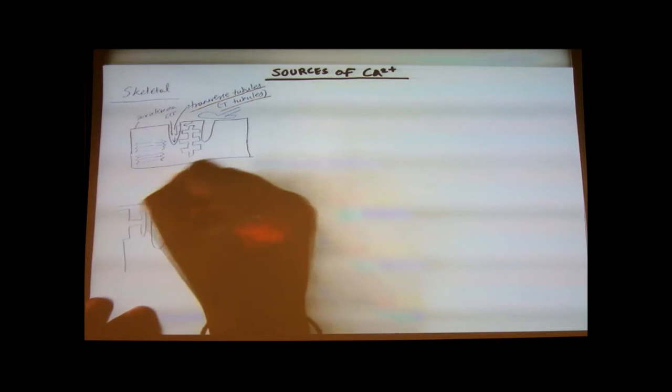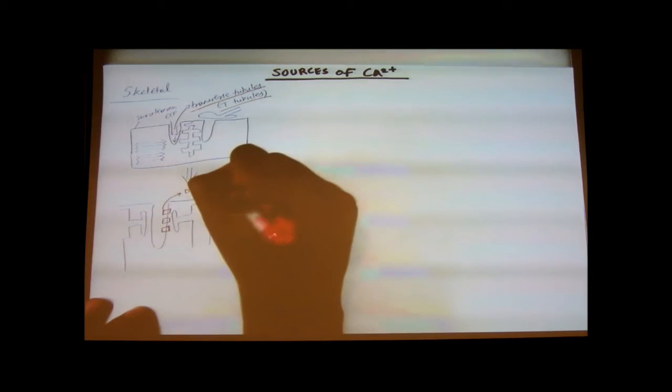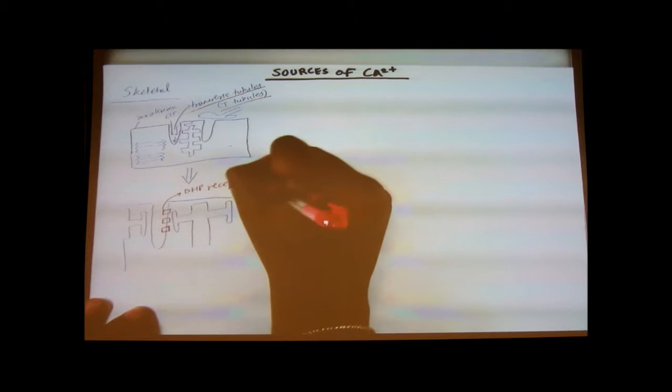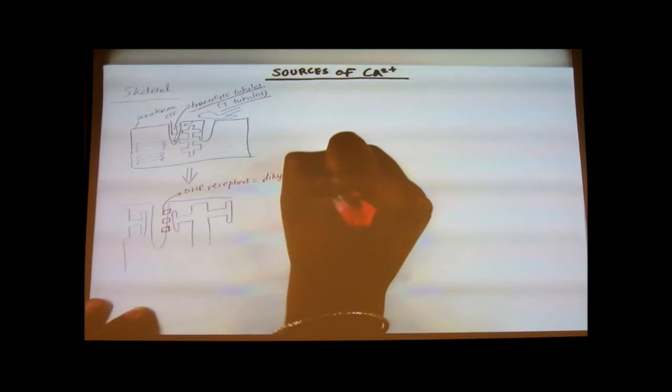And now we can focus attention on the receptors or the channels that line the T tubule. These are called DHP receptors, or dihydropyridine receptors.